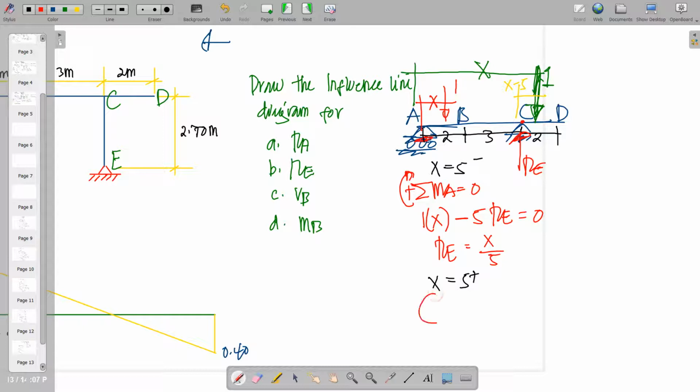We have summation of moments at A. So this time we are going to consider this one here.